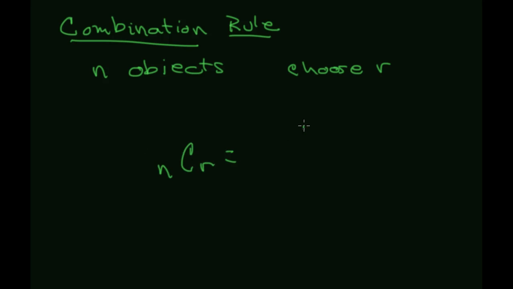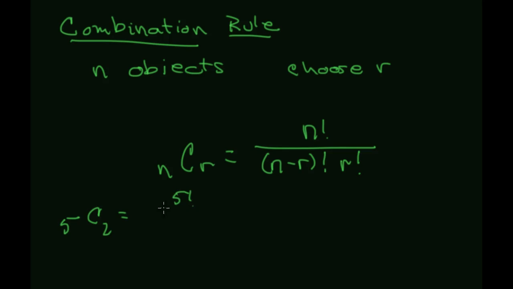It's nCr, which is n factorial over n minus r factorial, but then I would put another r factorial down here. So let's say I have 5 objects, and how many different ways can I choose 2? That's 5 factorial over 5 minus 2 factorial times 2 factorial.